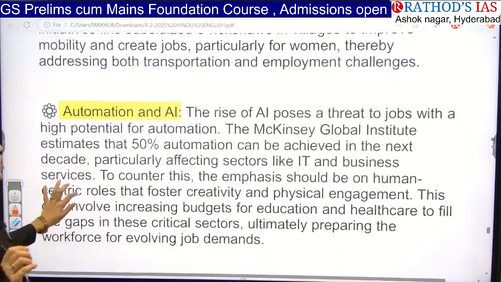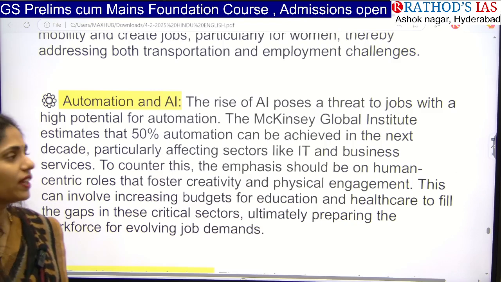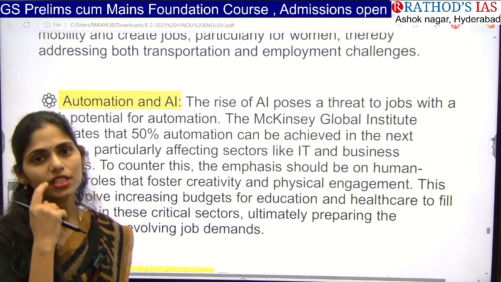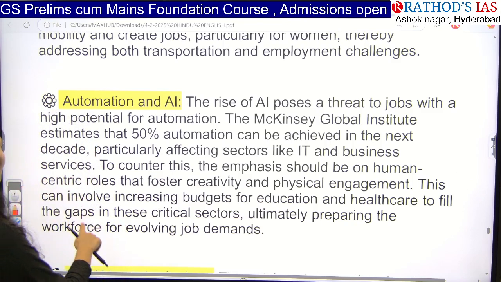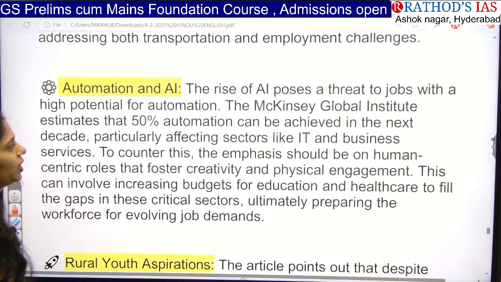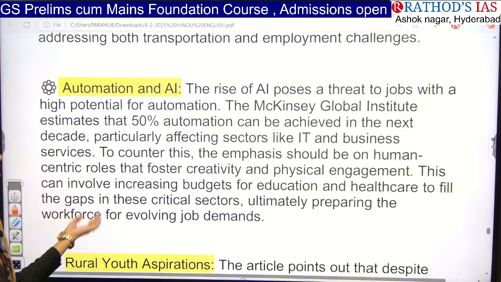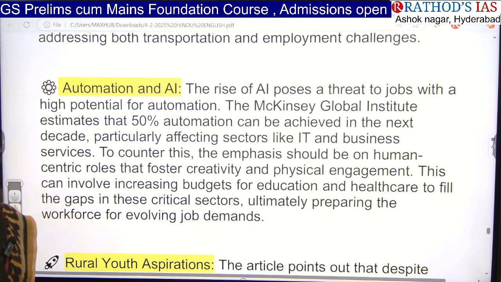And the second one is automation and AI. Because of the increase of AI, it is also posing threats to jobs because of high automation. One institute says that around 50% of automation will be achieved in the next decade. Many sectors like IT and business services are going to be affected.